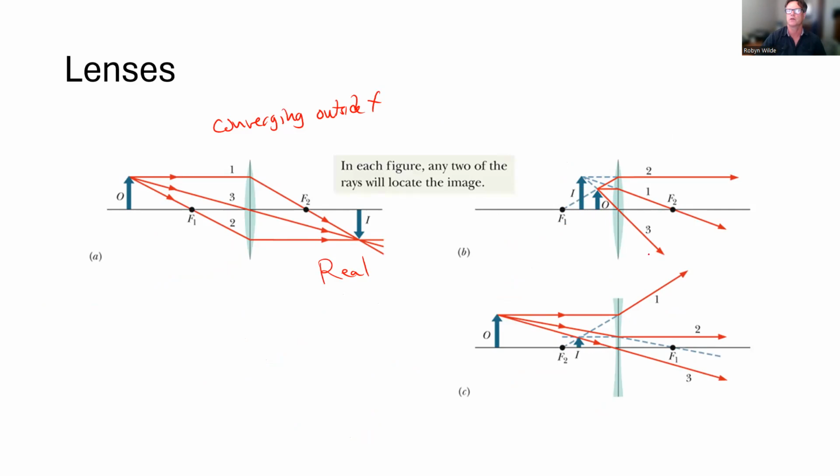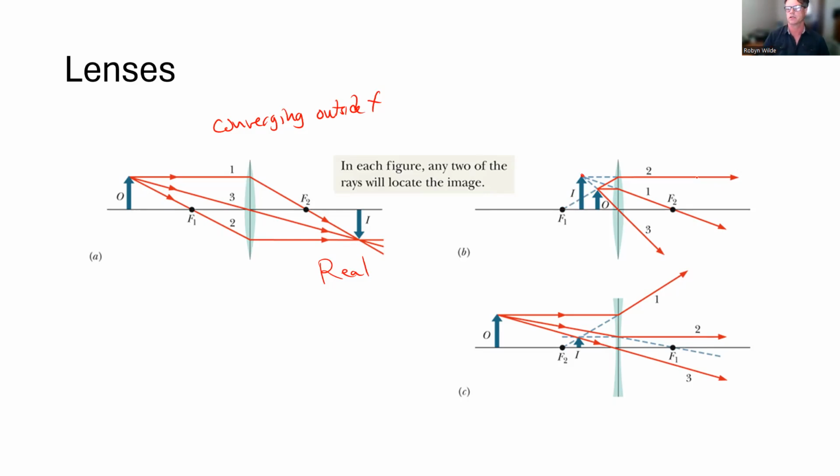I could draw my ray going to the center, but if I extend those two back, they cross over here at the top of the image. Now my other ray could be from the focal point going out parallel. These will take practice, and it's good to look in the book and see the examples that they show there.